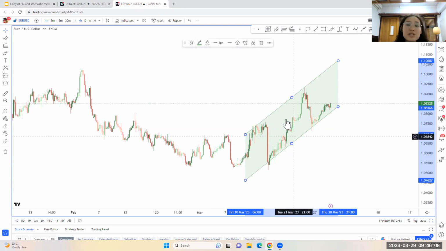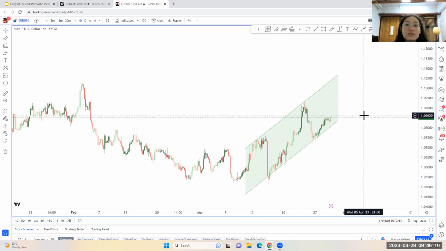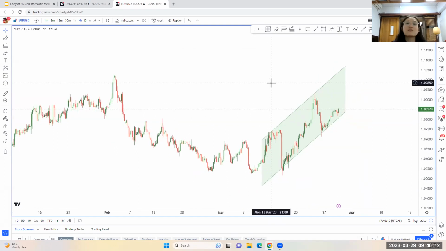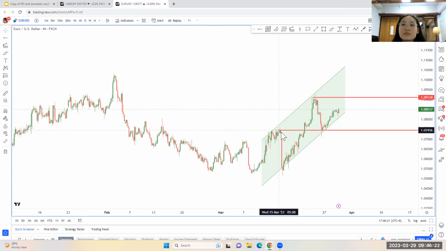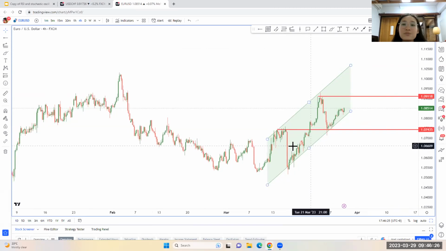Okay, so you can see here, price is moving within an ascending trend channel. Let's go ahead and plot our support and resistance levels. Over here, I have an overlap support level since we have a swing high as well as a swing low here.